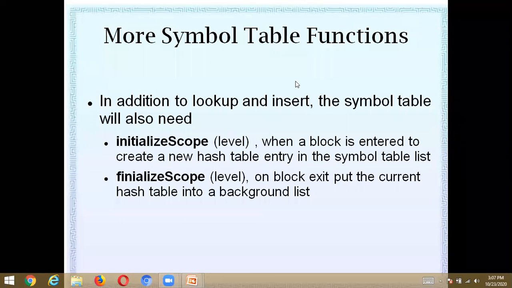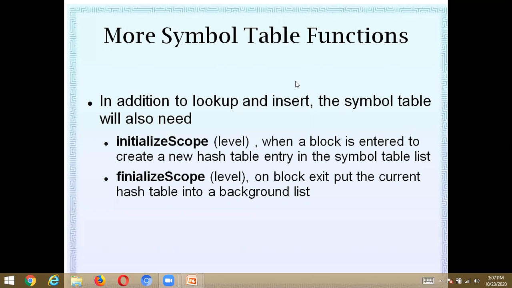So here we have two functions: initialize scope of level and finalize scope of level. Initialize scope of level means that when a block is entered, a new hash table is created. As I already explained, if you want to insert or create, I need to use initialize scope of level.